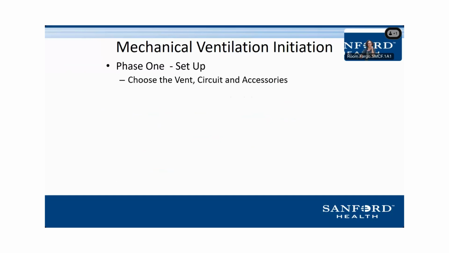We have a neonatal circuit that we typically use up to right around 15 kilos. After 15 kilos, we move to what we call the adult circuit. The neonatal circuit is going to be a little bit more sensitive, but it does have higher resistance to it, and it has less rebreathing of CO2. The adult circuit, just the opposite.